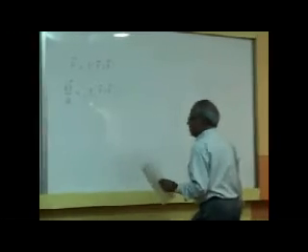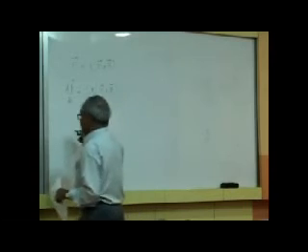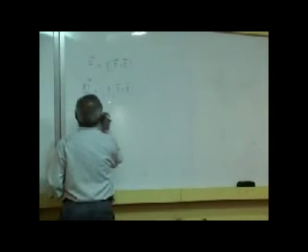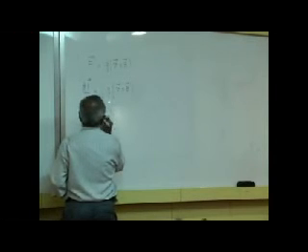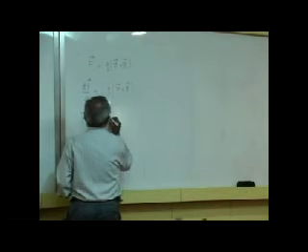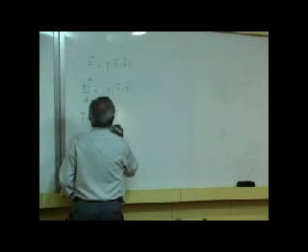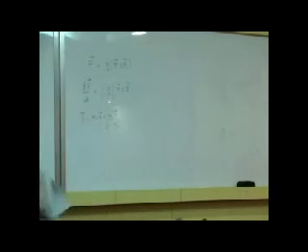But what is my p? I have already written down an expression for p. P was m0 u, which is m0 v by square root of 1 minus v squared by c squared.